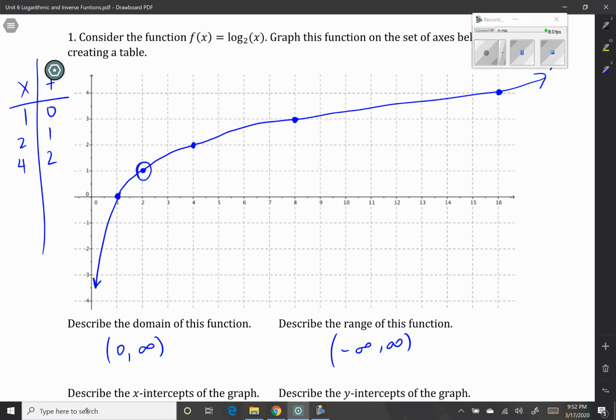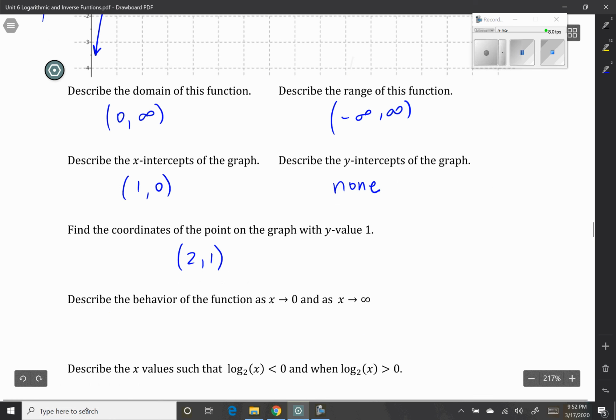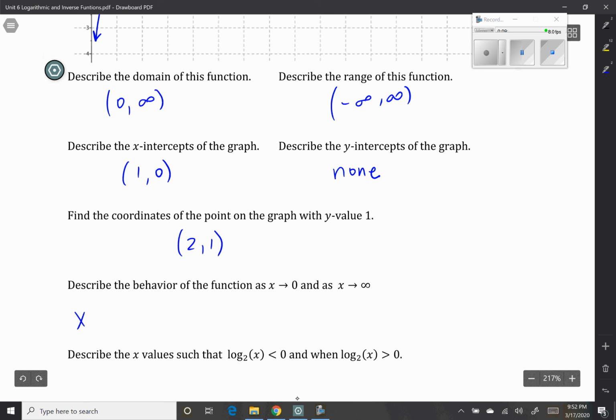As the x value gets bigger, it's going to get bigger forever. So the way that we describe that is as x approaches 0, the function approaches negative infinity, it goes down forever. As x gets larger forever, the value of the function also gets larger forever.